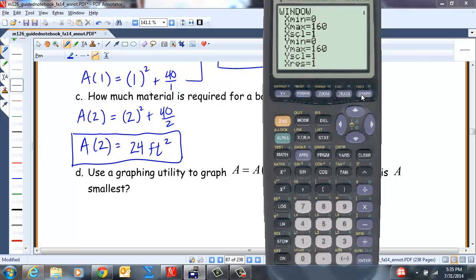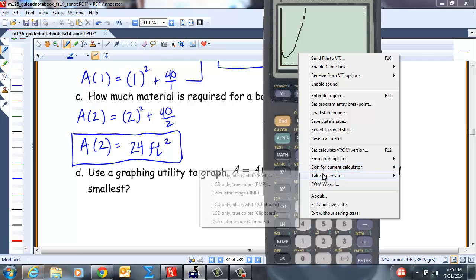So let's see. Still not super happy with it. So for my x, the maximum that x can be, I believe, let's try this. Let's graph this and see what we get. That's a nicer picture.